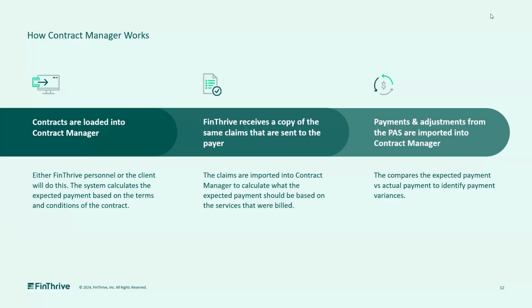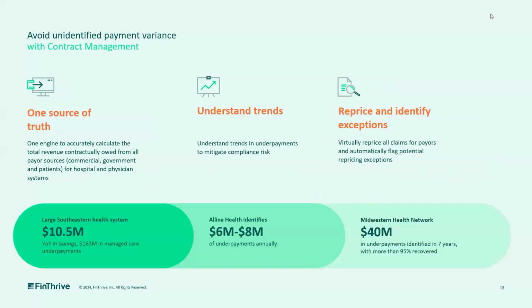On the hospital side, as well as the ambulatory side, we break it down by line item based off physician specialty. So as you try to avoid unidentified payment variances, Contract Manager then becomes your source of truth. A lot of times if a health system is going to use their own patient accounting system as their daily workflow, they would use contract management as that source of truth.